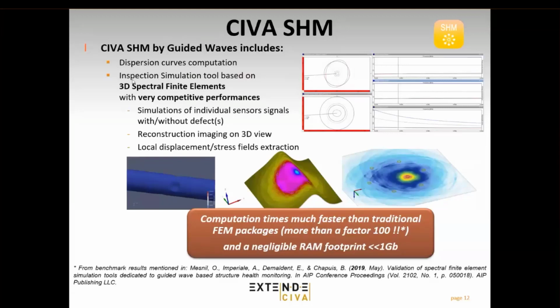It's based on spectral finite elements with very competitive performance compared to traditional finite element tools. Some benchmarks have been done. Computation time with CIVA SHM is much faster than traditional FEM packages, sometimes more than a factor of 100, so the gap in computation times is really important.